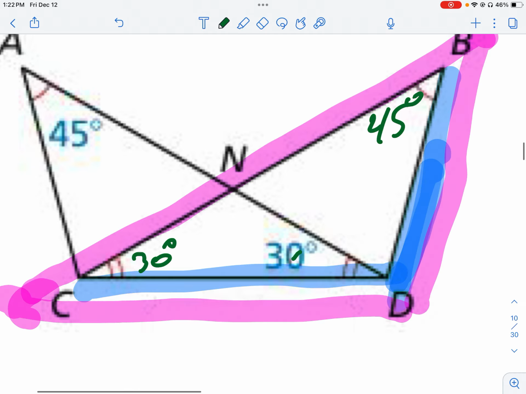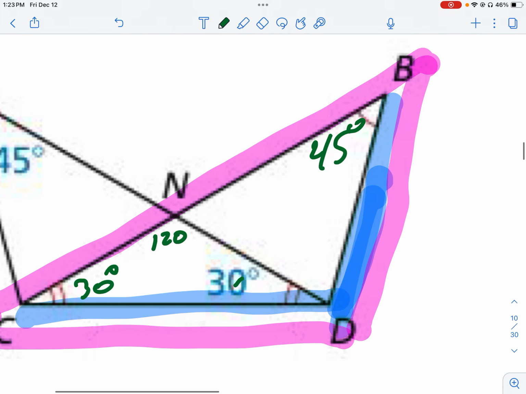Or we could have said that triangle NDC is 180 degrees minus 60, so this is 120. Angle BND and angle DNC are a linear pair, so that has to be 60. 60 and 45 is 105.